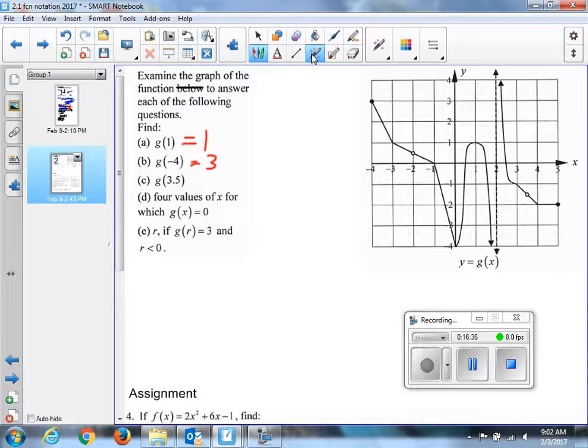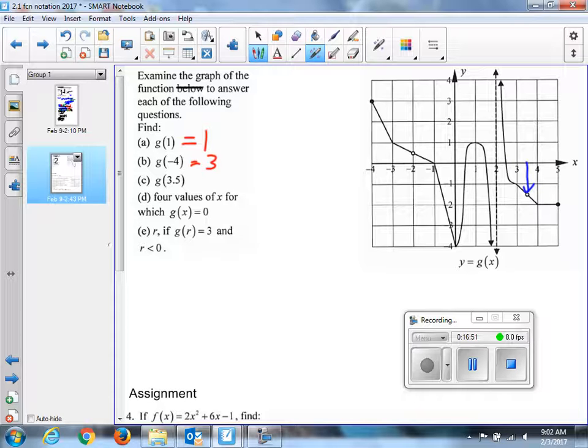Well, we're going to use best estimates. I think 3.5 is about there, don't you? No, what am I thinking? I'm sorry. I was totally wrong with that. 3 and 4, 3.5 is right here.